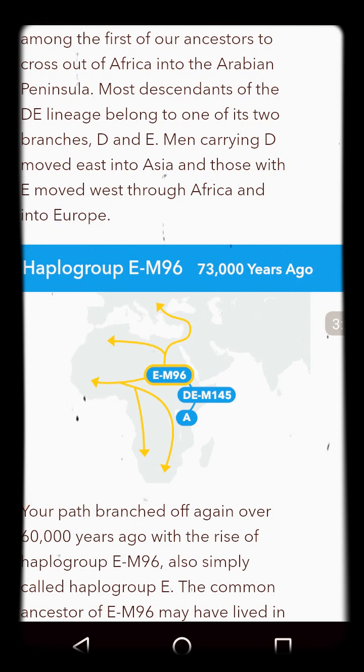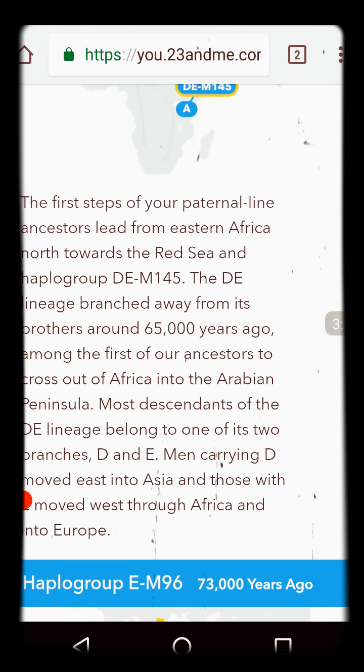Most descendants of the DE lineage belong to one of its two branches, D and E. Men carrying D moved east into Asia, and those with E moved west through Africa and into Europe.